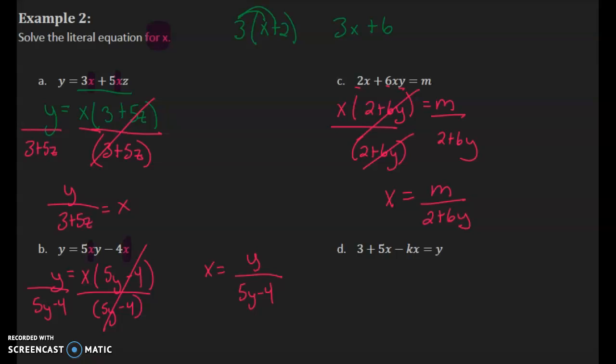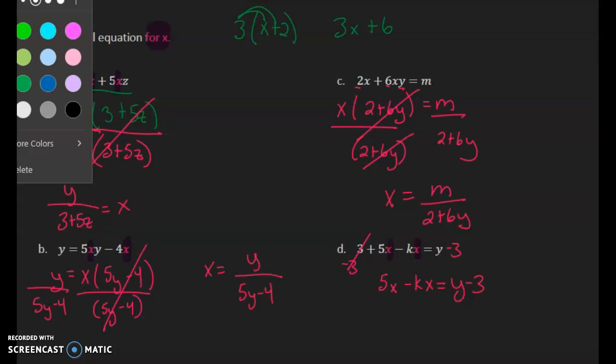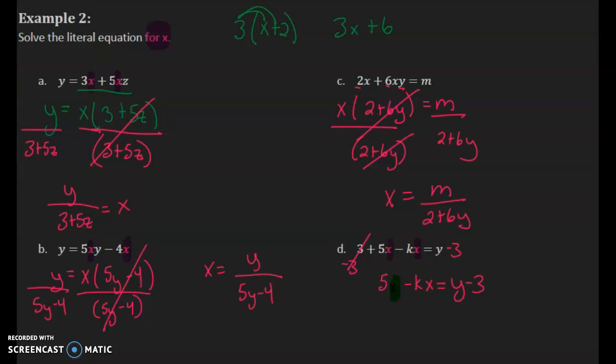Example D is different because there are 2 x's, like we've seen. However, there's also this 3. So before you can begin, make sure to move the 3 over. So now you have 5x minus kx equals y minus 3. Now, if you notice, everything that you're left with has an x.